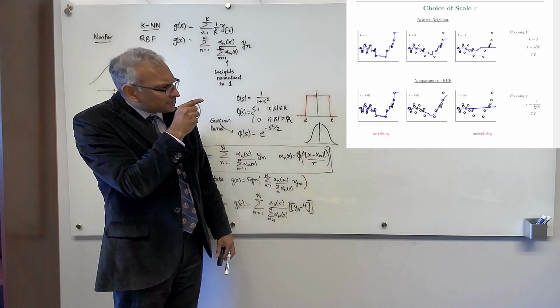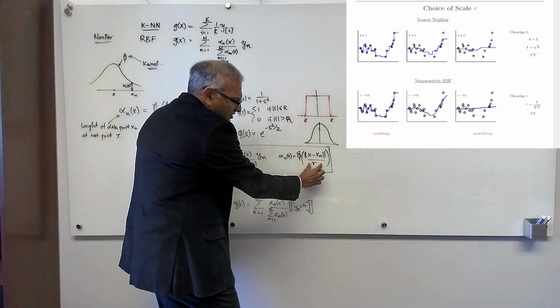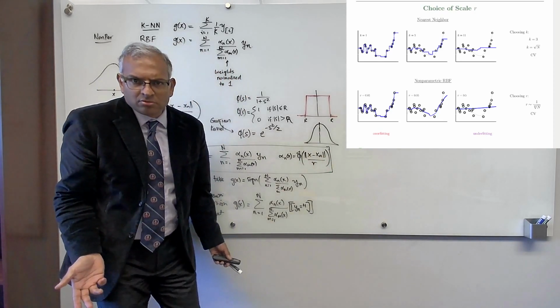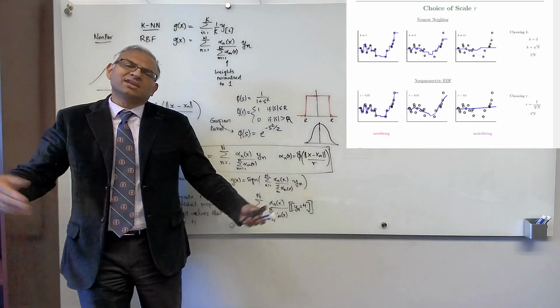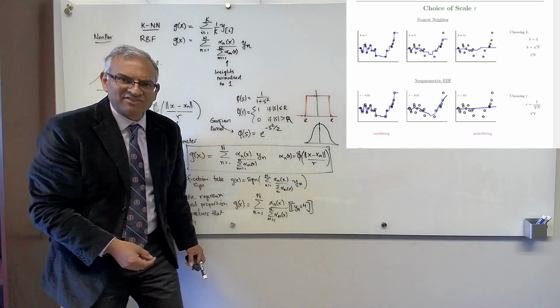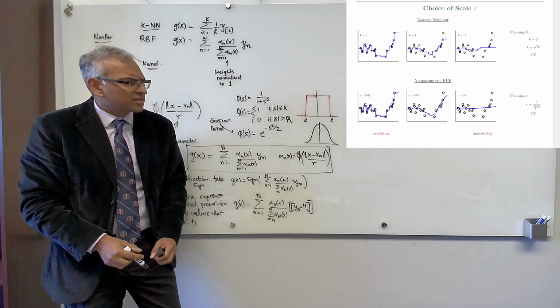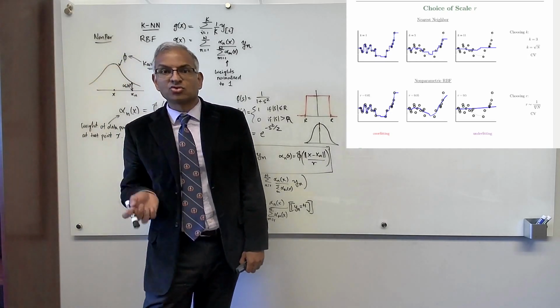Then we can set r very large, and it's analogous. If the scale parameter is very large, then this number is close to 0 all the time, and so it's approximately a constant, like the k-nearest neighbor for large k. So that's underfitting. And then there's the best choice for r. How could we choose that best choice for r? One approach, just like k-nearest neighbor, is to use cross validation.